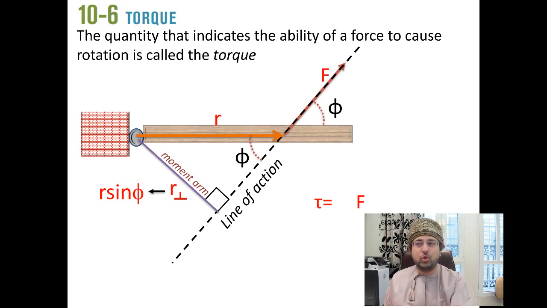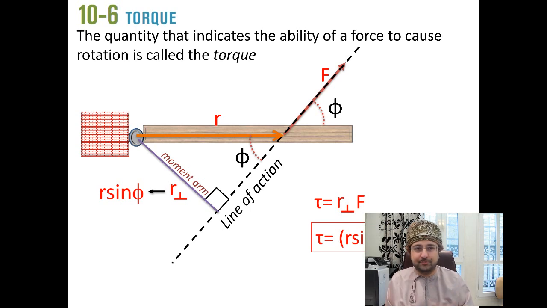So the definition of torque for us is r perpendicular times F, otherwise known as r sine theta F, or in vector notation, which is the original definition, torque is equal to r cross F, a cross product from your chapter 3. Remember, cross products are not interchangeable, so it's not F cross r, it's r cross F. Units: newton meter.